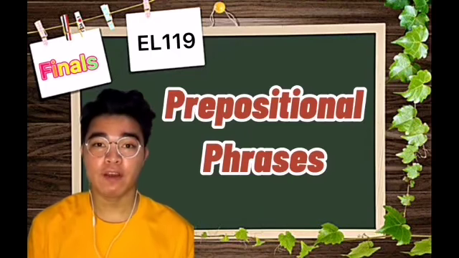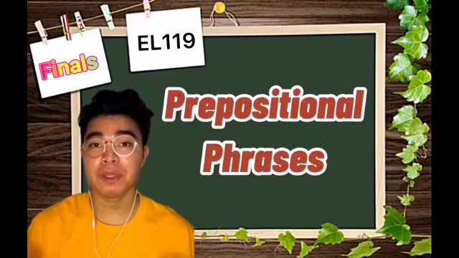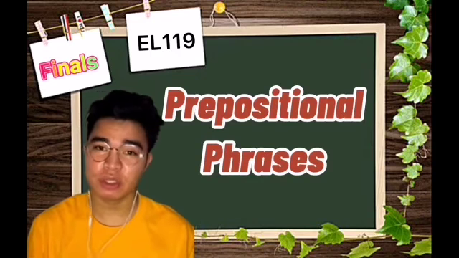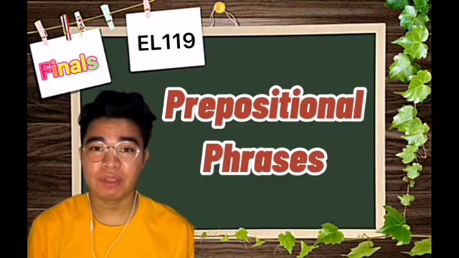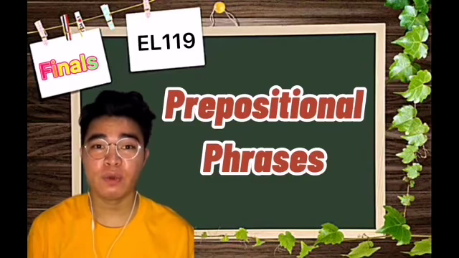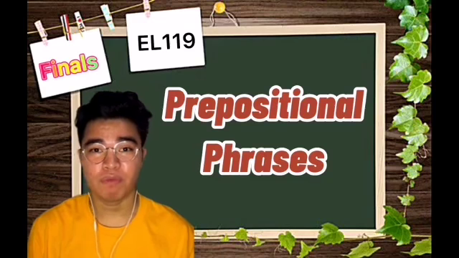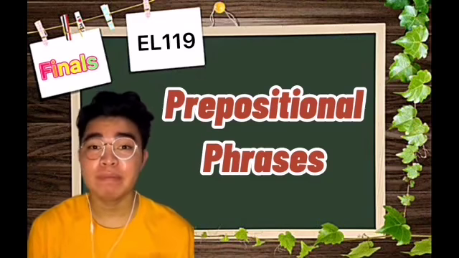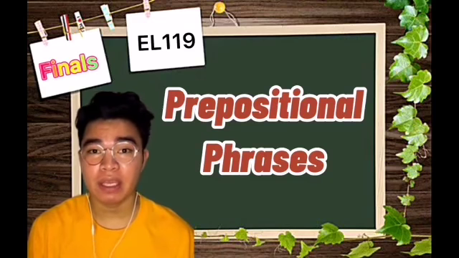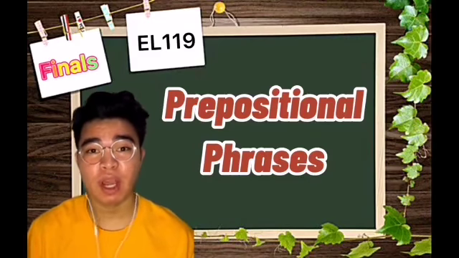Next, we have prepositional phrases. If you can remember, prepositions are the words that we add in a sentence for us to know the position of something. For example, we have in, on, at, beside, against, by, and so on.